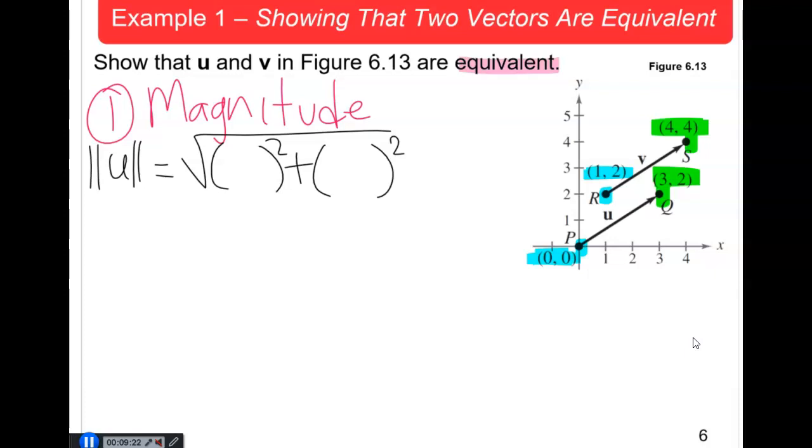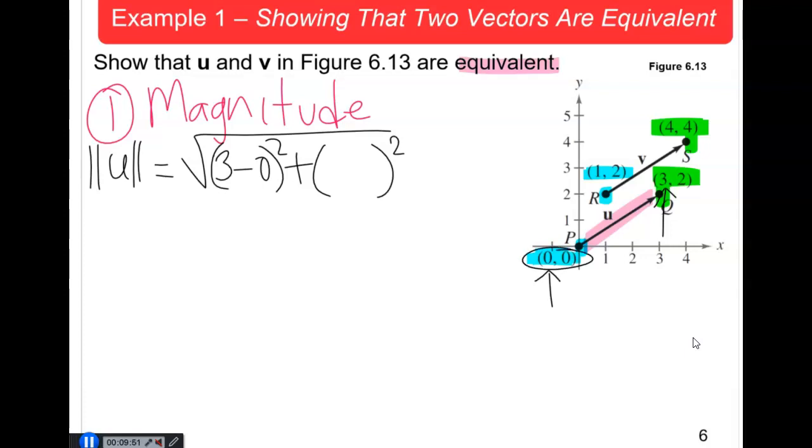So in this case, for vector u, it doesn't really matter which way you choose to enter them, but I'm going to choose to enter 3 first and then minus 0.